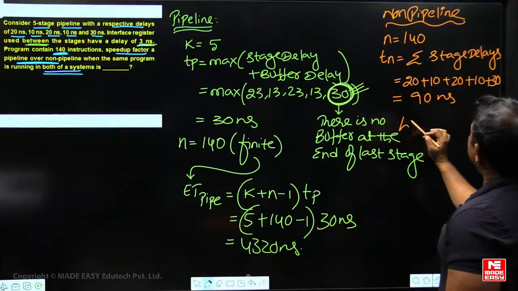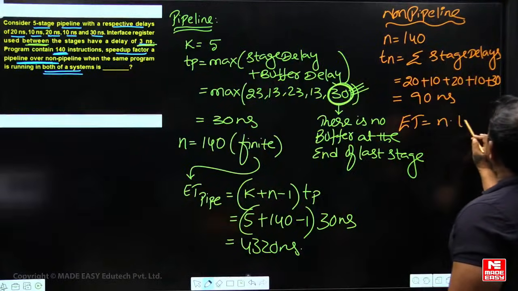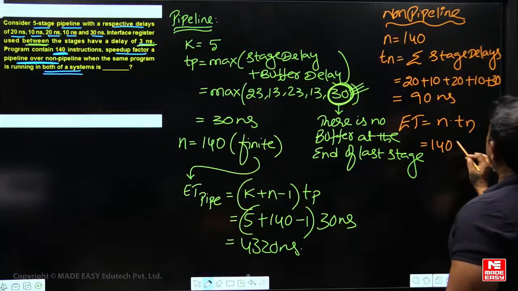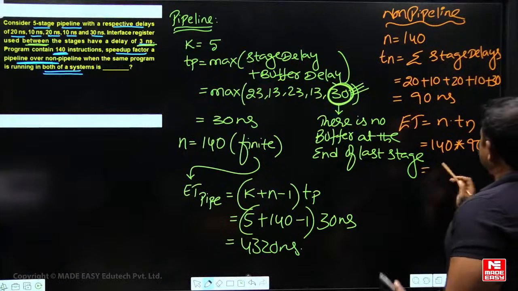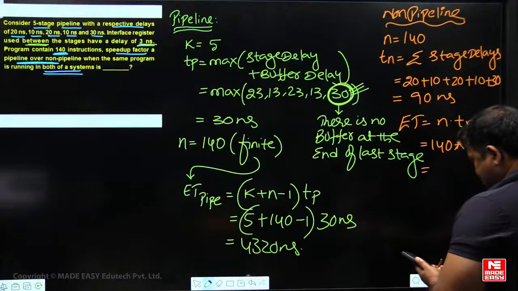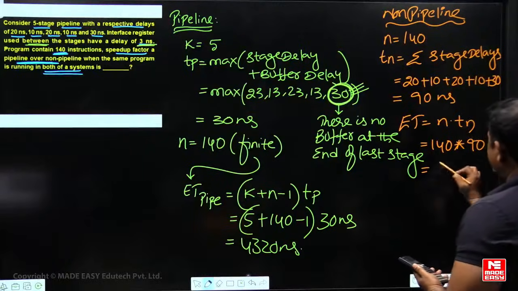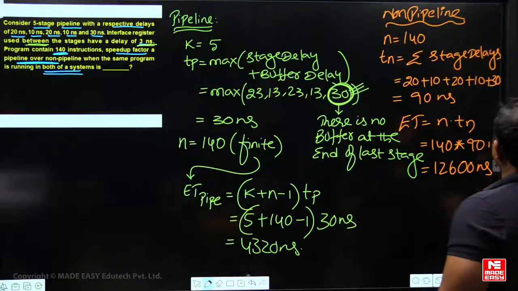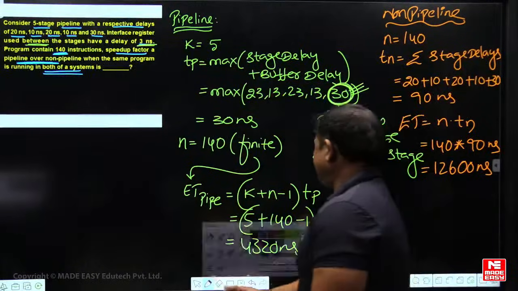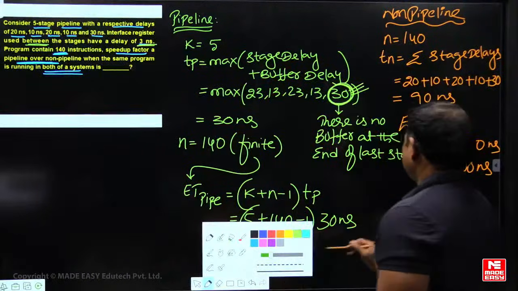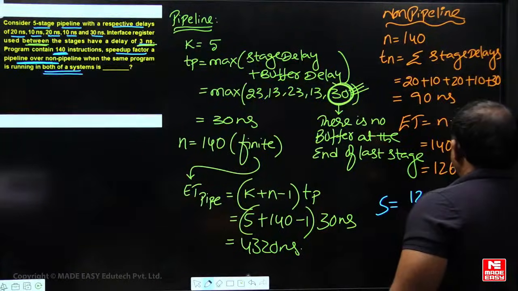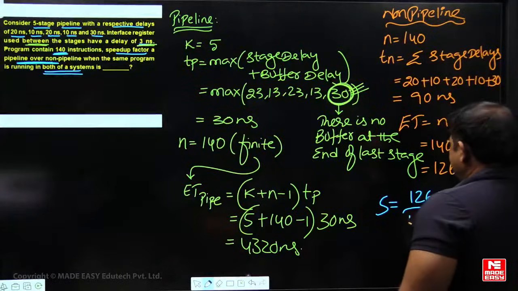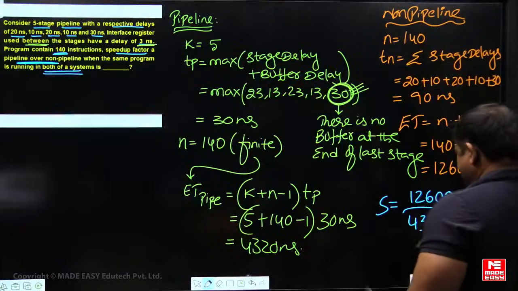Right, now execution time equal to n into Tn, 140 into 90, 12600 nano. Okay students, therefore speed up S is equal to non pipeline execution time divided by pipeline execution time.